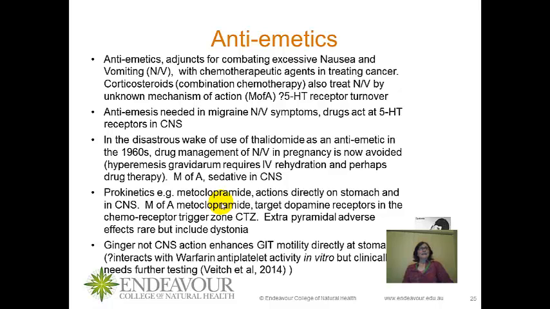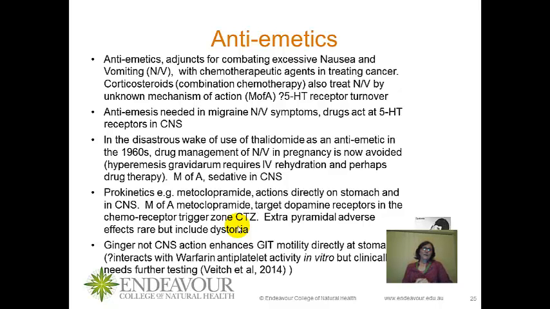It does have actions in the CNS, but its prokinetic action targeting emesis and reducing it is a direct action on the stomach. But it does affect the chemoreceptor trigger zone. I know some of you were reviewing that and its physiology when you were looking at the neurotransmitters, particularly looking at dopamine at D2 receptors. So go back and have a look at that CTZ.